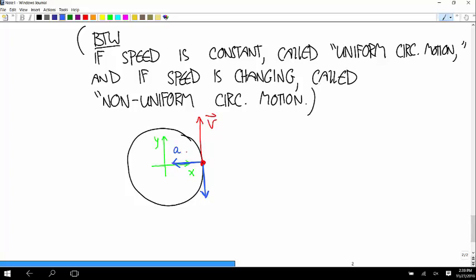So here's the centripetal, here's the tangential. Is the tangential acceleration in this drawing in the positive x, positive y, or negative y? Negative y. And so if you knew that it was changing speed at a rate of 8 meters per second squared, then that vector would be 0, -8.